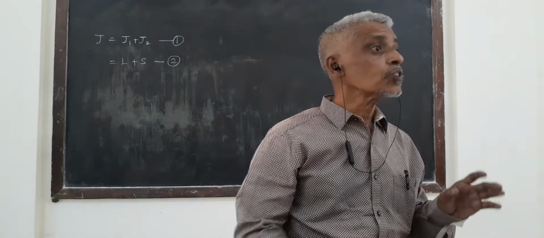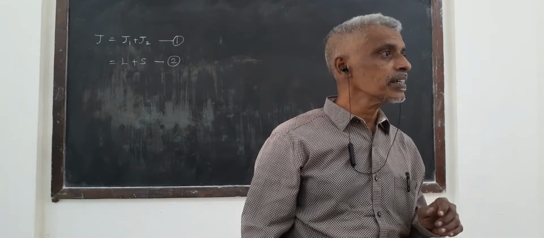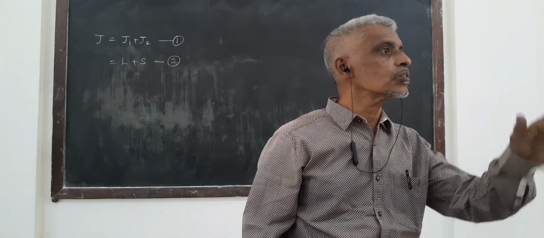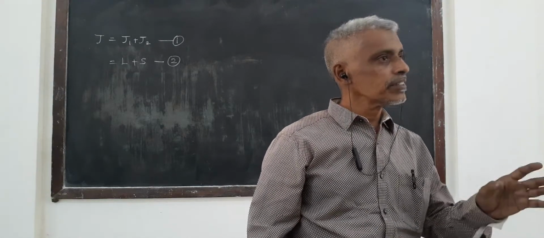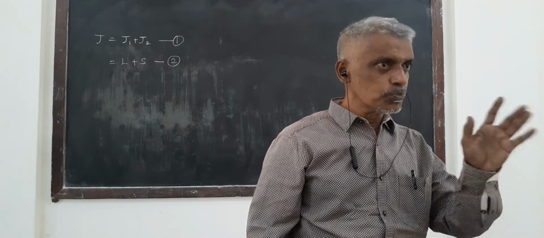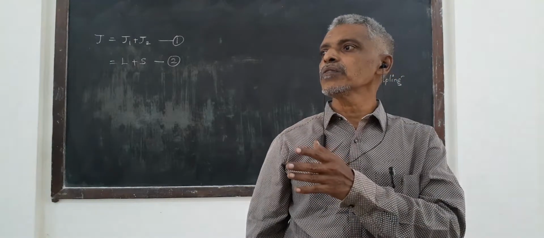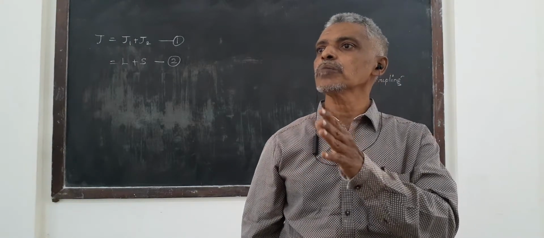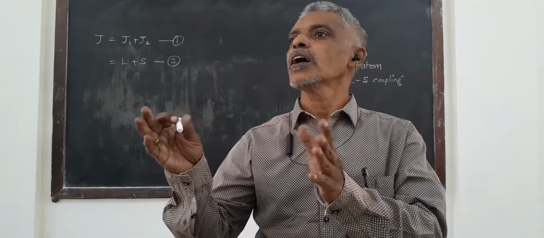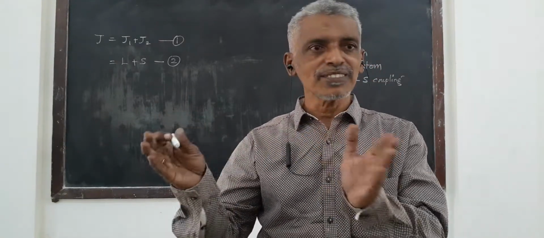Suppose in case the spin of that electron is equal to 0, if it has no spin, then you may have to deal with the orbital angular momentum alone. Then there may be no addition.